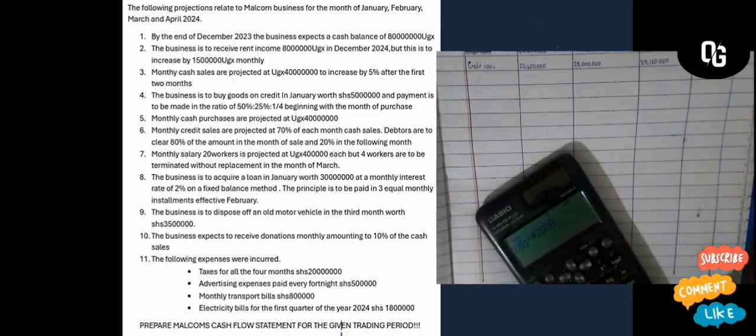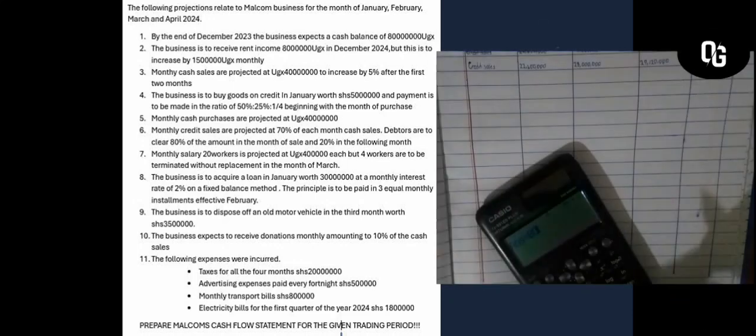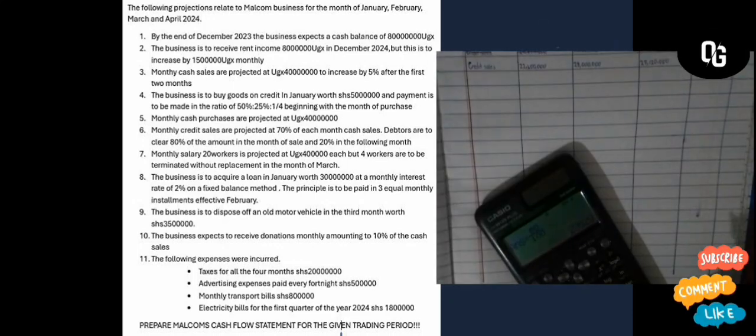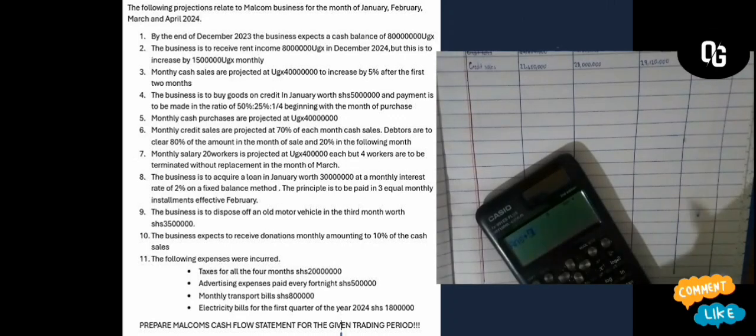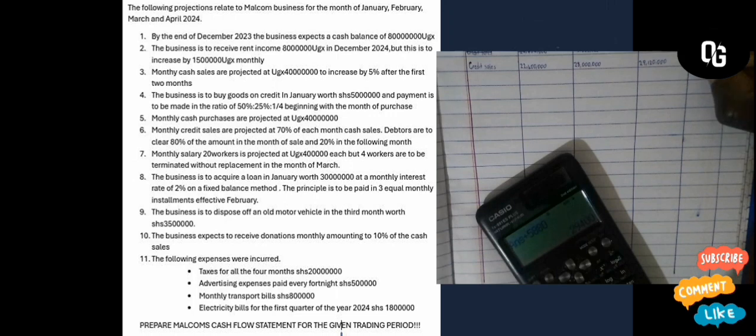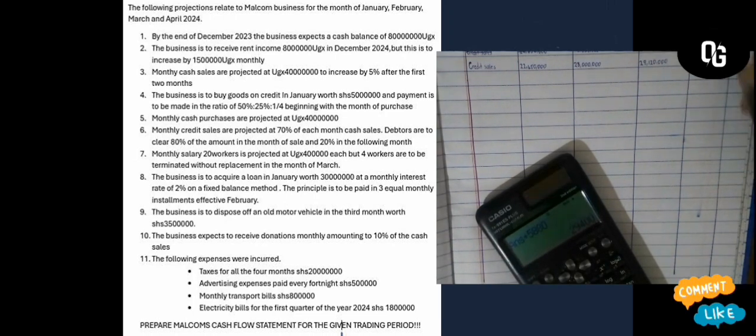So that will be 29,400,000. So those are our credit sales.